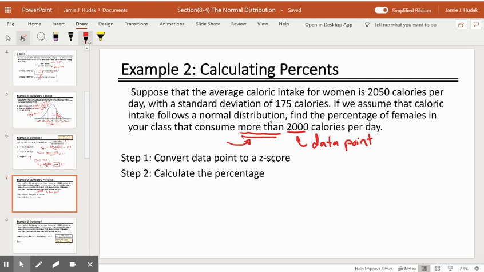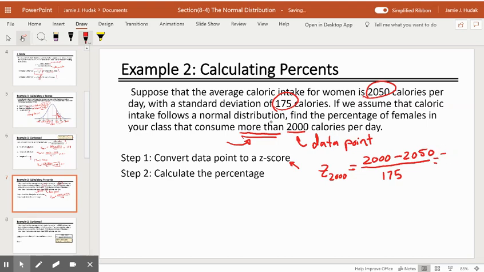So first, we want to calculate the z-score. We have the mean and we have the standard deviation. So we can say that the z-score of 2,000 calories is equal to 2,000 minus 2050 over 175.